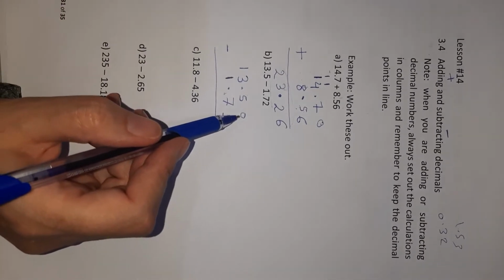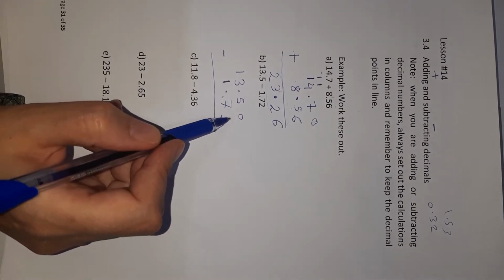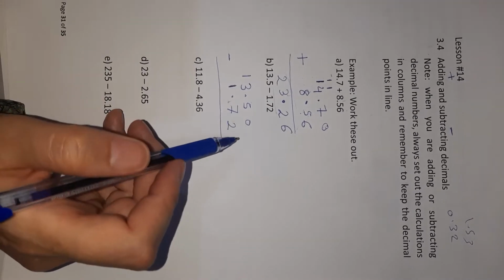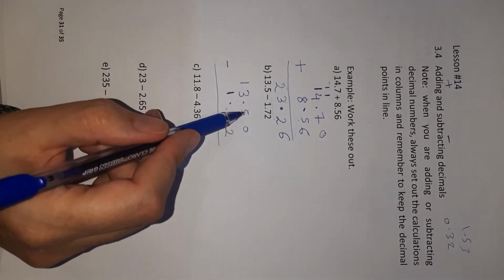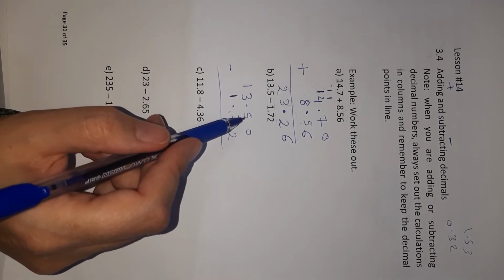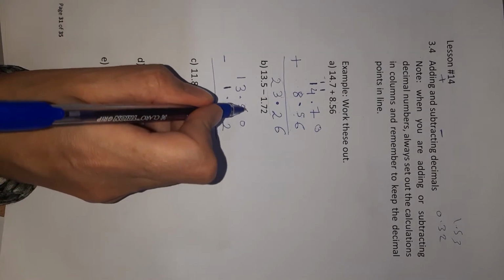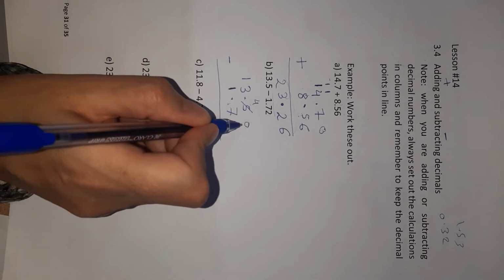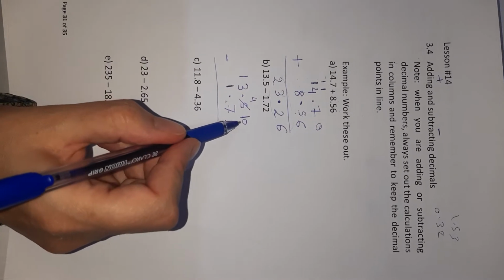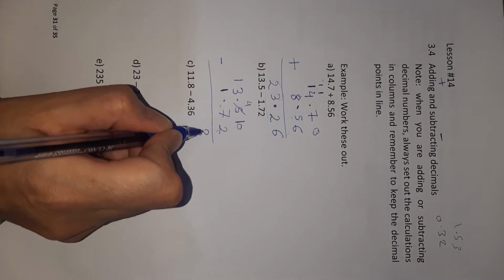Here we can't subtract 0 minus 2. You have to borrow from the 5 and work out 10 minus 2. How can I borrow from 5? 5 becomes 4. This 0 becomes 10. Now 10 minus 2 equals 8.